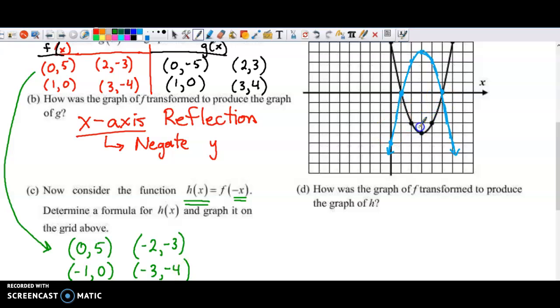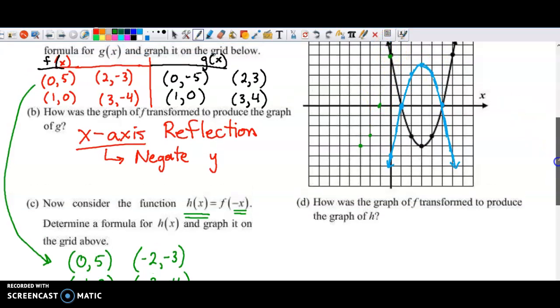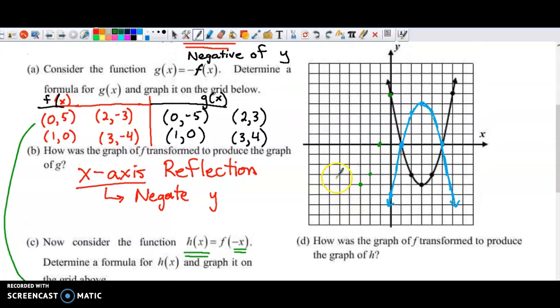So if I plot those points, like negative 3, negative 4, negative 2, negative 3, negative 1, 0, and 0, 5 over here. I just ran out of room, but I would see that the other points would look something like this as well.